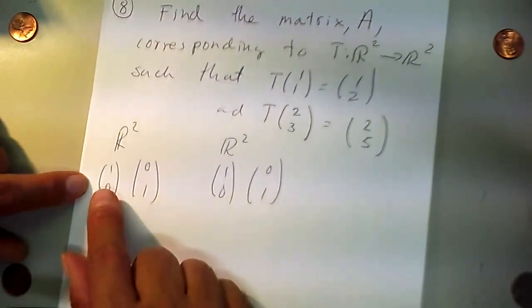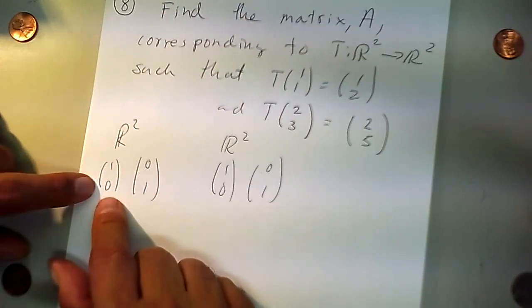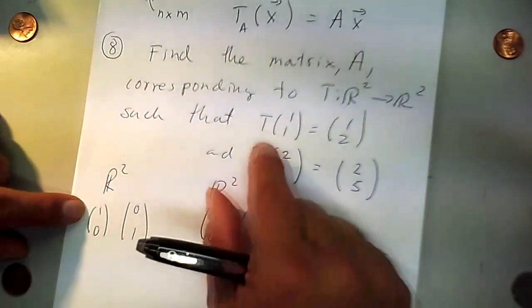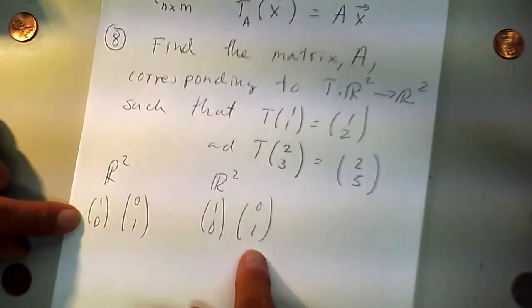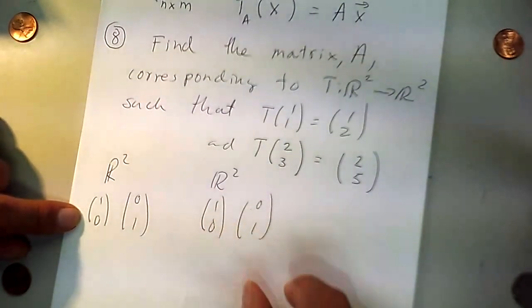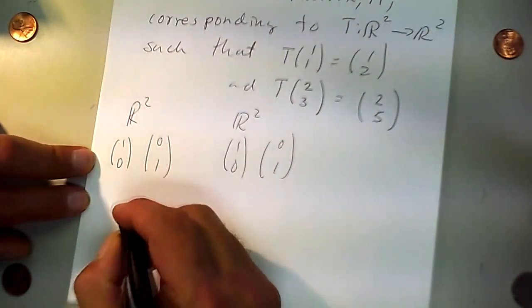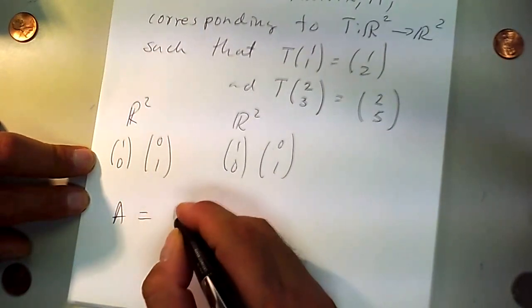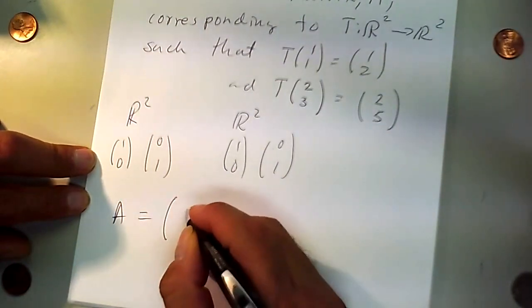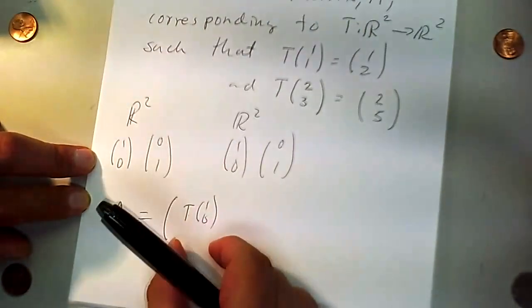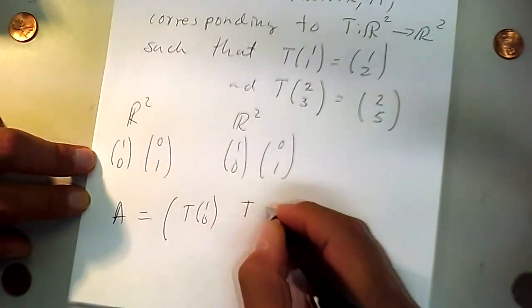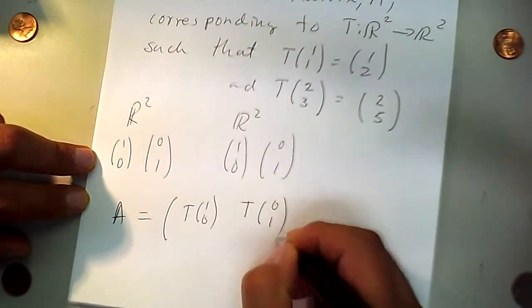If you map (1, 0) using this transformation, the output you get is going to be the first column of A. In other words, A is going to be equal to T of (1, 0), that's the first column, and the second column is going to be T of (0, 1).